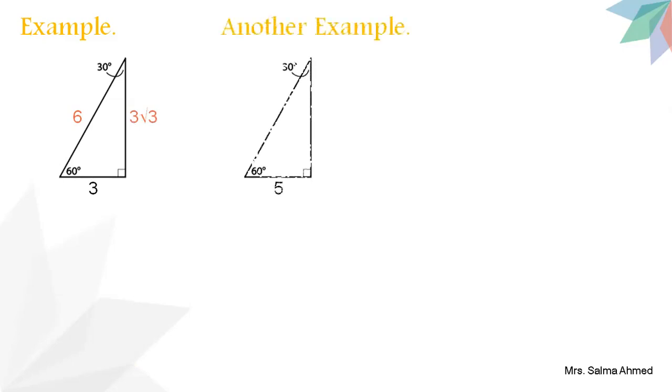Now another one: if the shortest leg is 5, I get the hypotenuse directly by doubling it, 5 times 2, which gives me 10. The leg in front of 60 is 5 root 3.